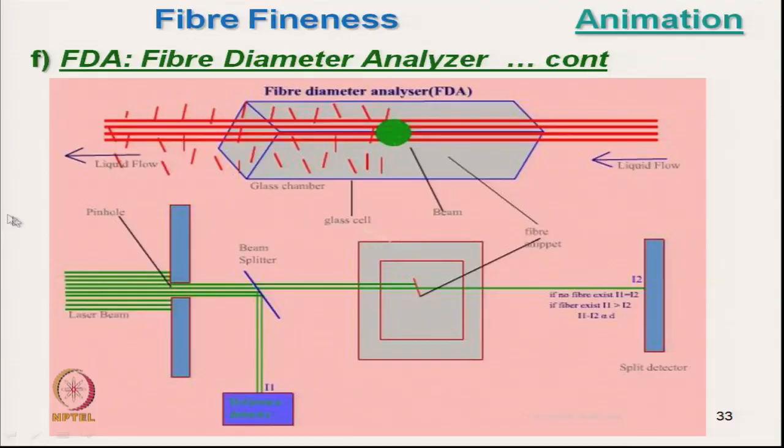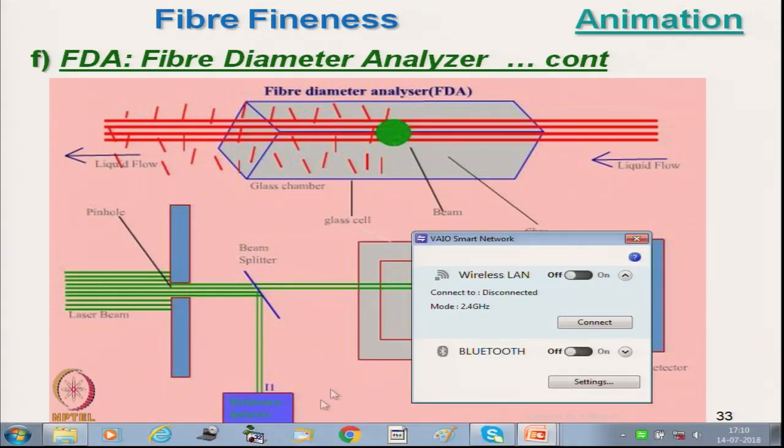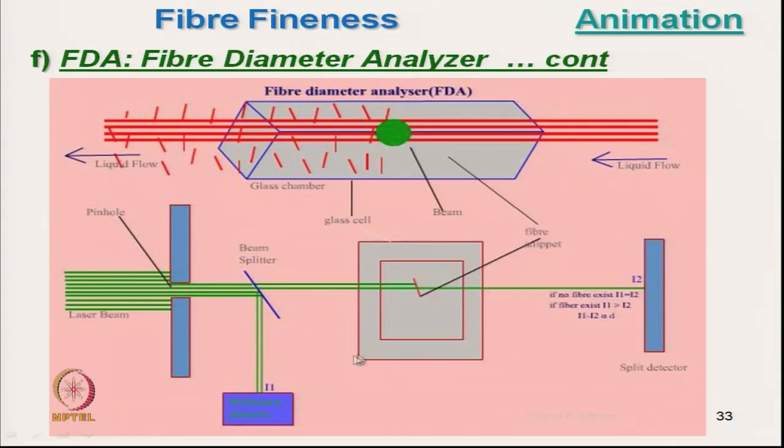Now, this is the arrangement here. Just see, this is the light beam of 200 micron. Here is the fiber, and this one is the sensor, and this is a splitter. The light is split into two equal parts. So, here we know the actual intensity of the light.